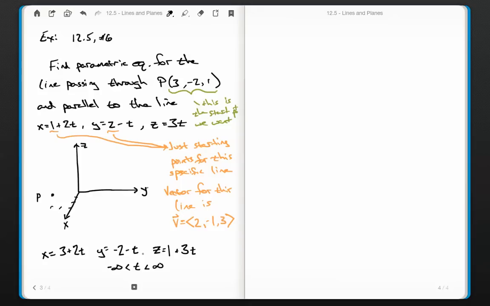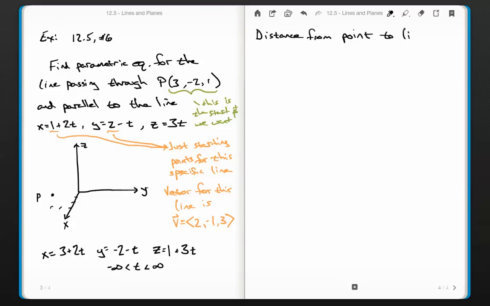All right. So the next topic we're going to cover will be the distance between a point and a line. Let's look at the distance from a point to a line.